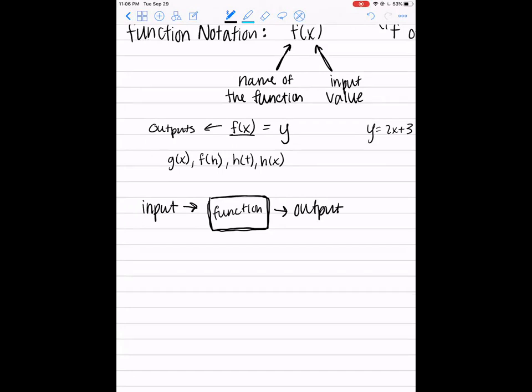So our input would be our x, or our variable. Our function would be our rule or equation, where our output would be like the y, or for function notation, f of x, or whatever the name of our function is.